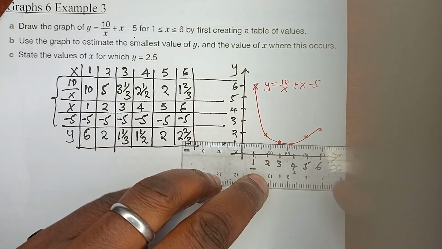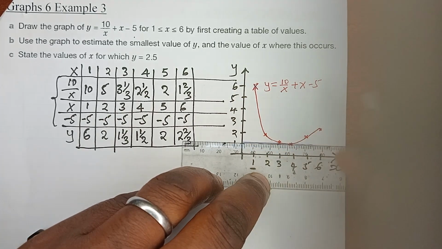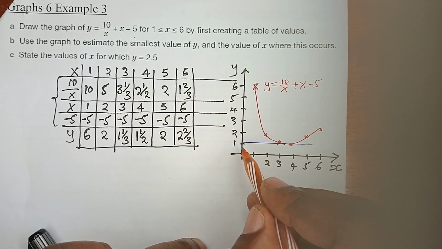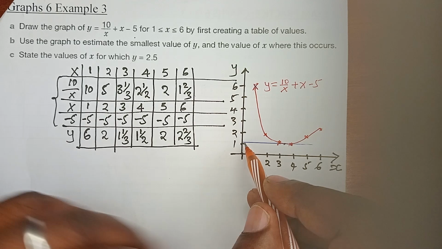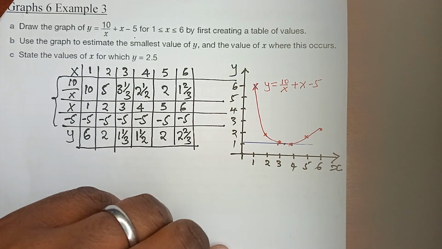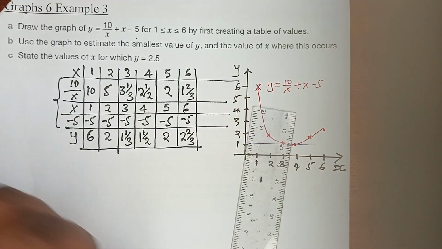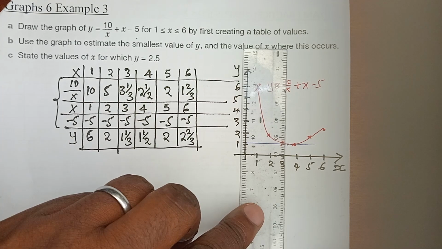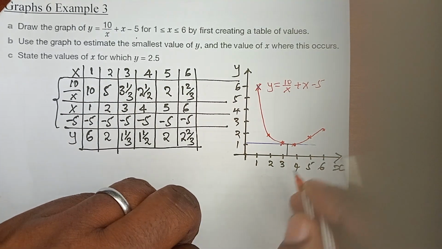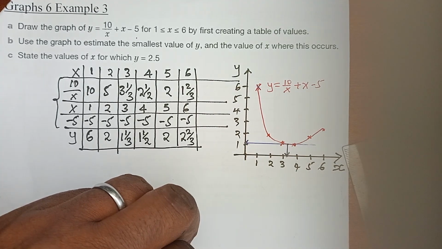Pick a ruler and draw a tangent, and highlight the value of y, which is probably 1.1, 1.2, 1.3, and this becomes the corresponding value of x that gives that value of y.